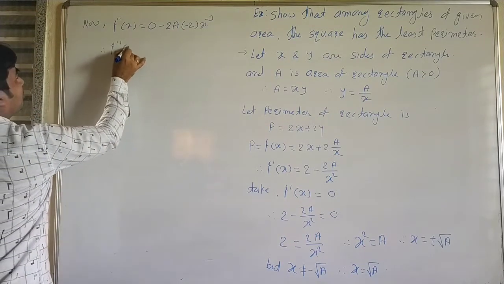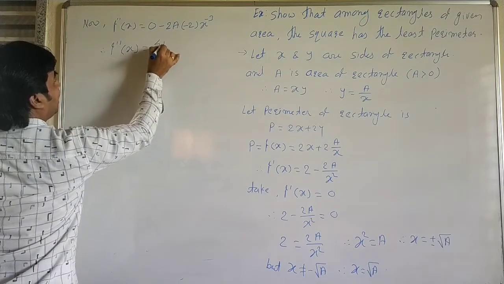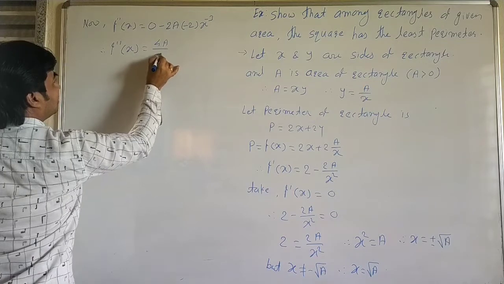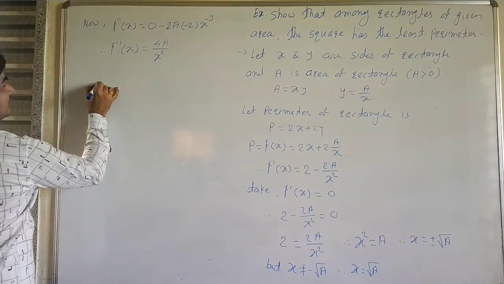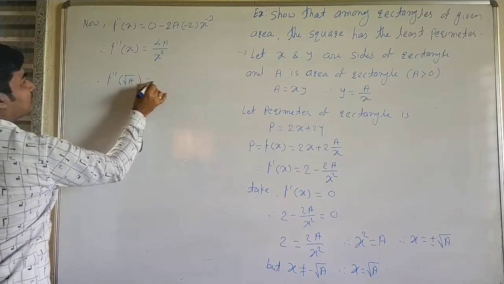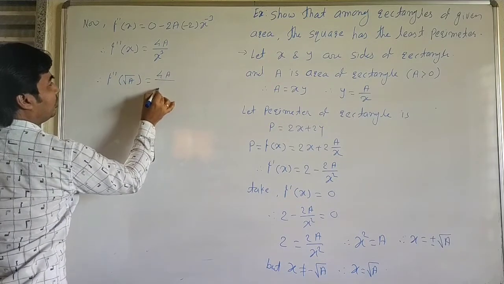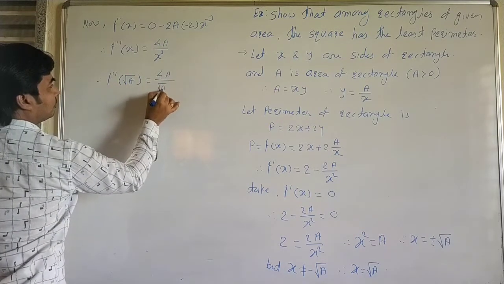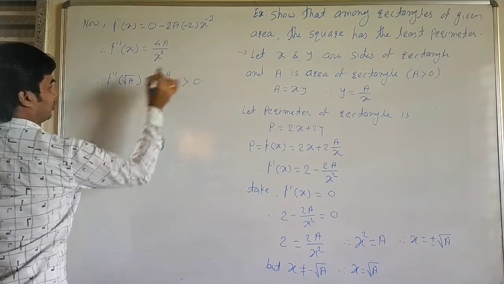Therefore f double dash of x is equal to plus 4a upon x cube, the double derivative. Now put the stationary point in f double dash, therefore f double dash of under root a is equal to 4a upon under root a cube, which is greater than 0.